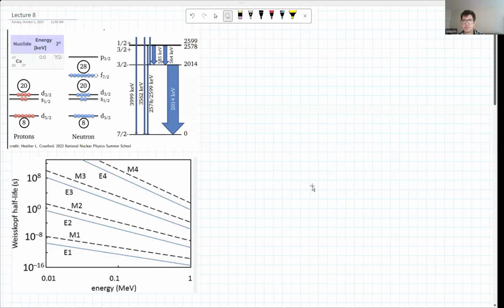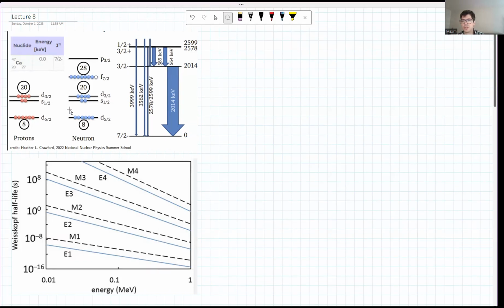And I wanted to start with something I talked about last time, which was the decay of excited states of calcium. So we had calcium over here, 47. This was the configuration of the nucleons, the protons, and the neutrons.